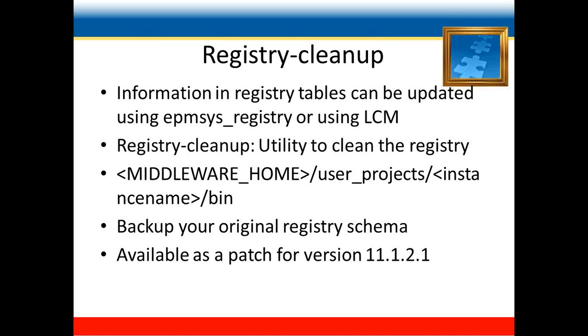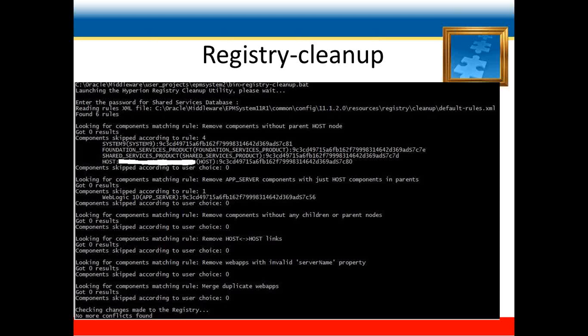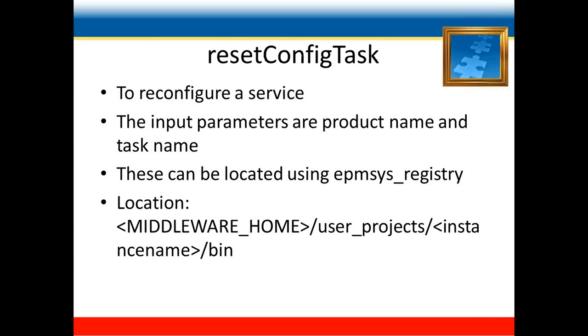You can choose whether to automatically fix the errors in the registry, or just preview the registry. This is how the utility runs. It basically runs using 6 rules that Oracle has defined, and it runs accordingly.